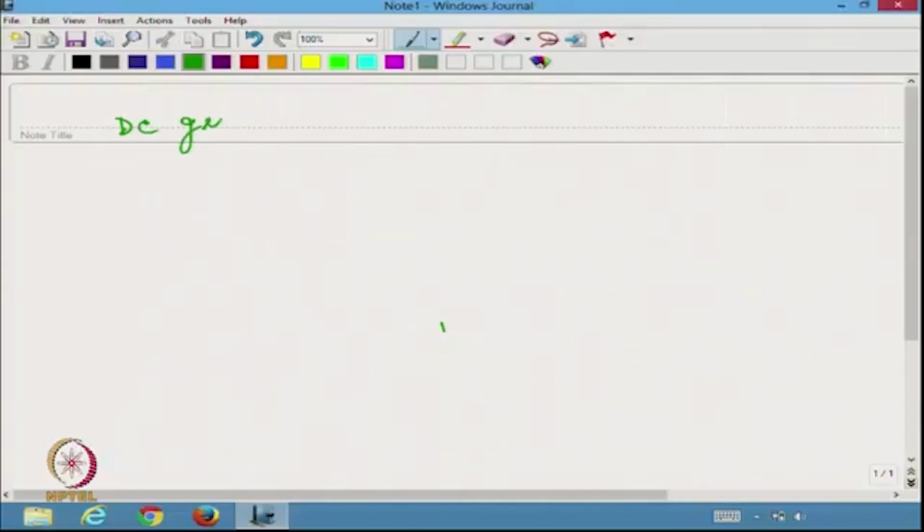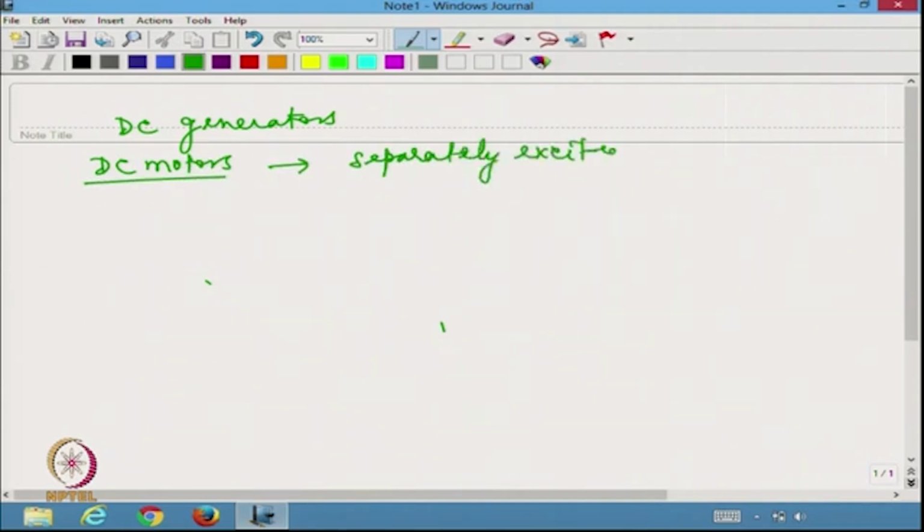Until now we had seen the different types of DC generators. We just started on DC motors in the last class. In DC motor, mainly what we had discussed was the separately excited DC motor.